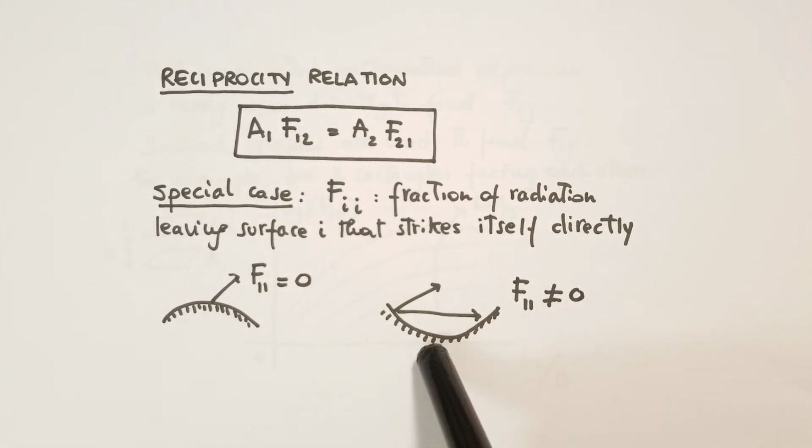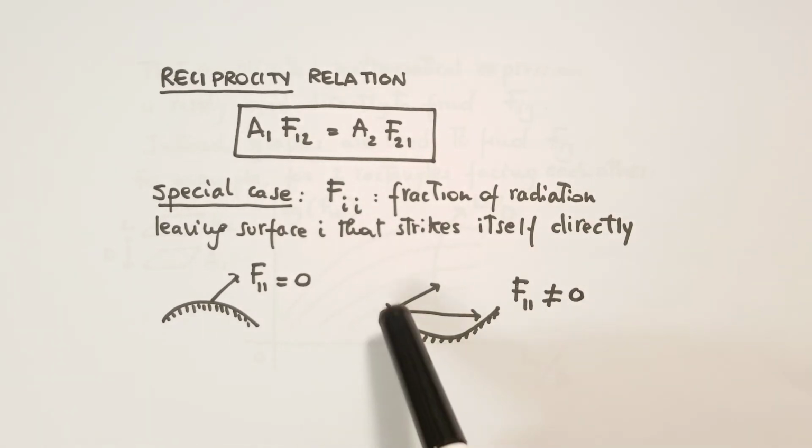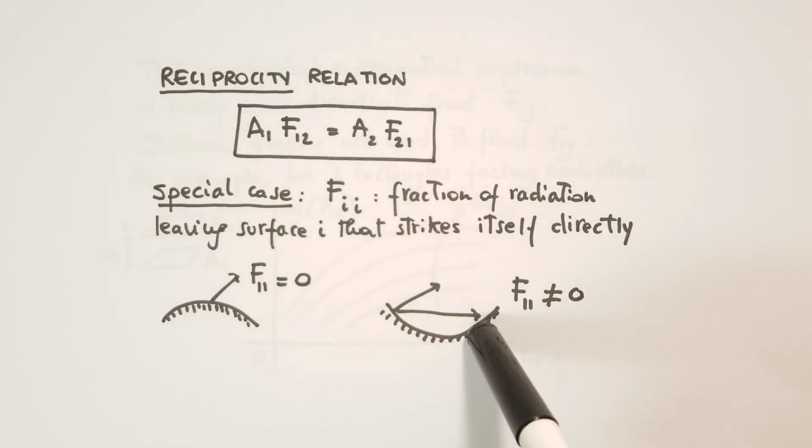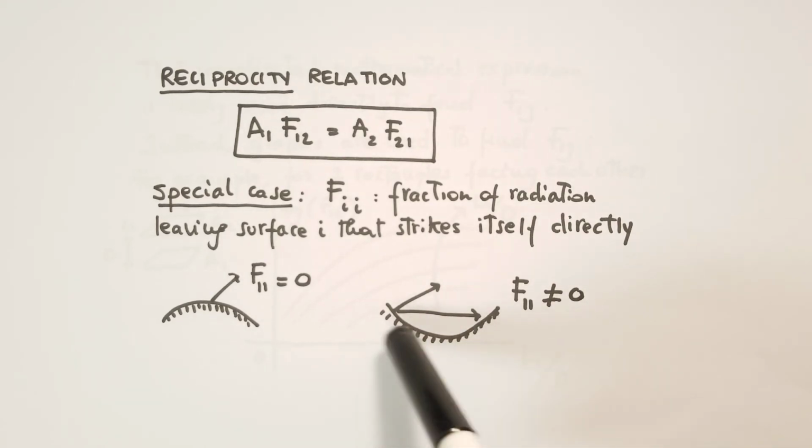But in the case of a concave surface, F11, the view factor 1,1, is different from 0 because some of the heat transfer that leaves surface 1 by emission of radiation then strikes surface 1 itself directly.